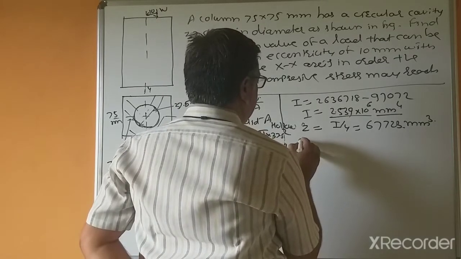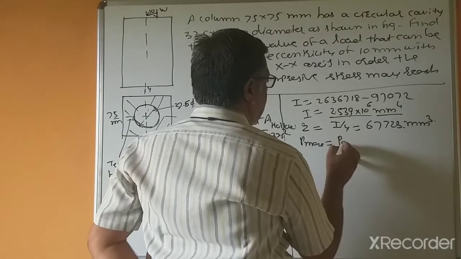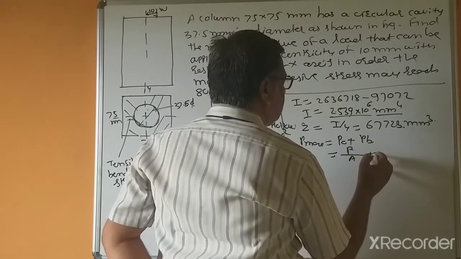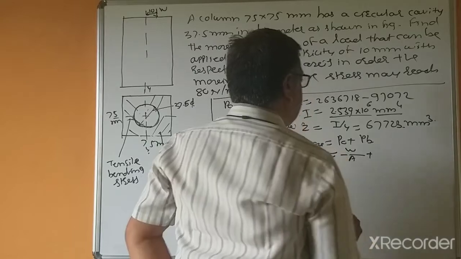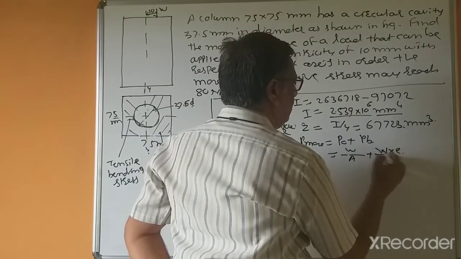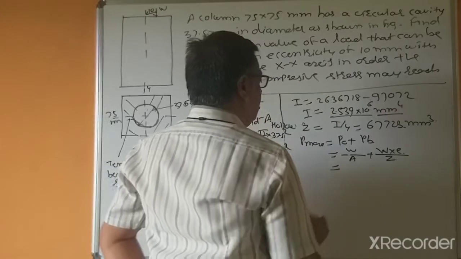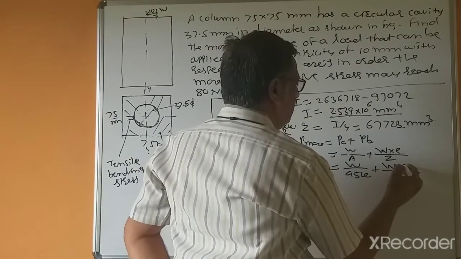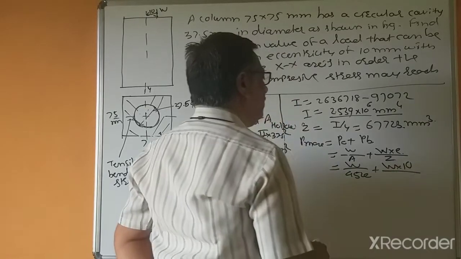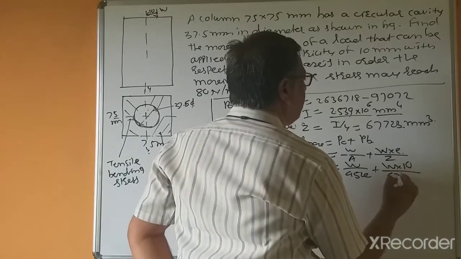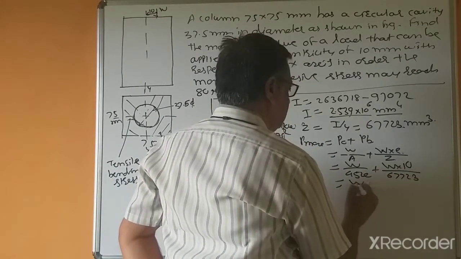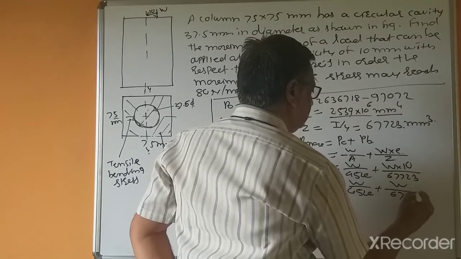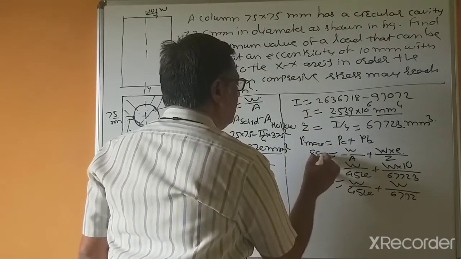Now you can calculate sigma max equals direct stress plus sigma b, W by area plus W into e divided by Z. W by 4520 plus W into 10 divided by 67,723, and this is equal to 80.